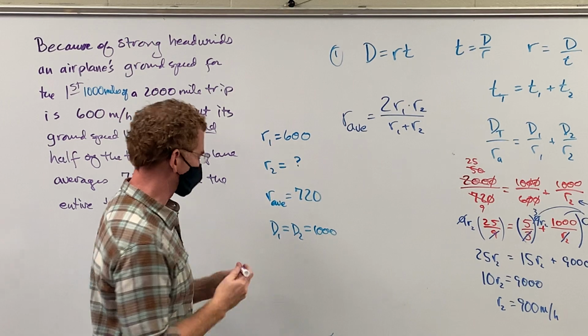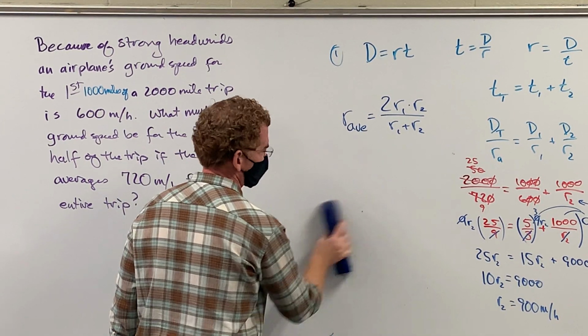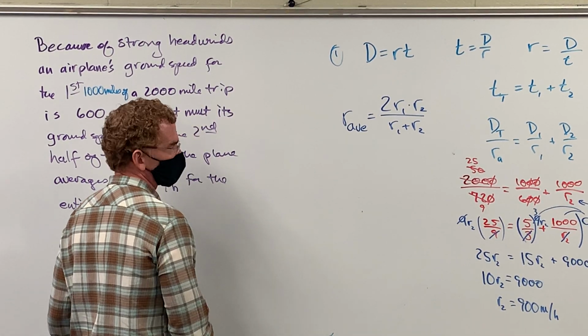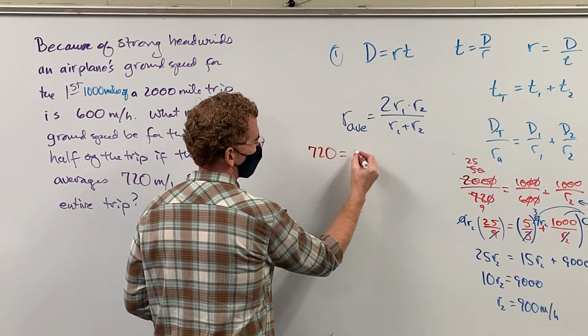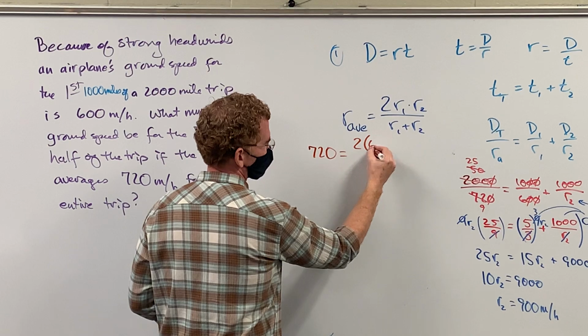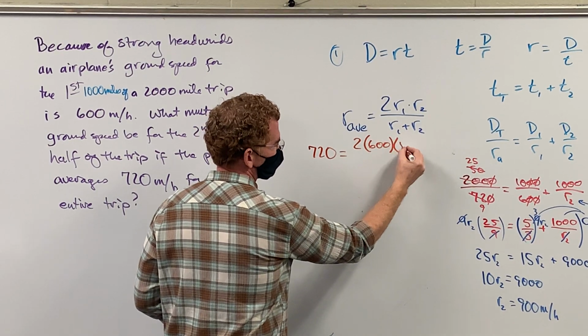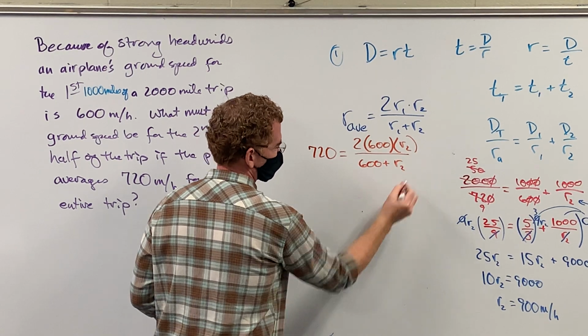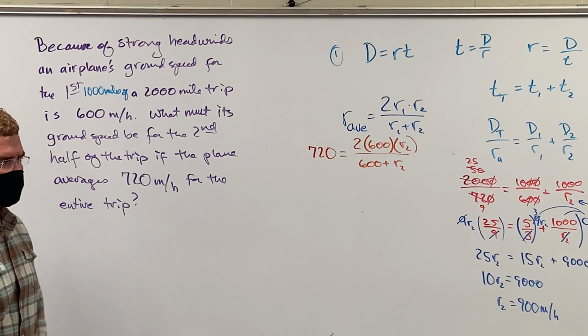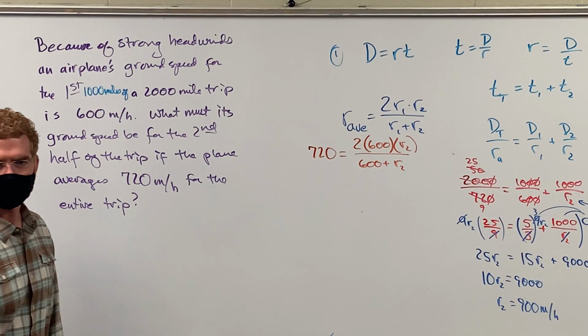So I could have grabbed this equation. It wouldn't have been exactly what we're doing in this chapter, but couldn't I have said, wait, average rate's 720. First rate is 600. I don't know the second rate. Couldn't I have just plugged it in and then just cross multiplied? Check it out.